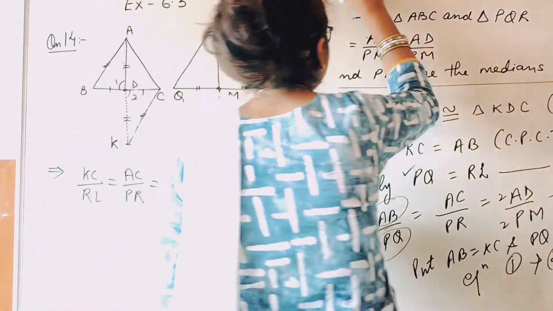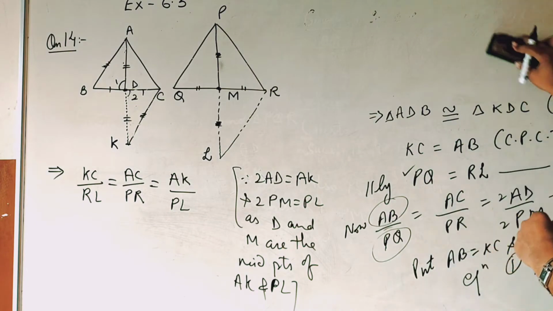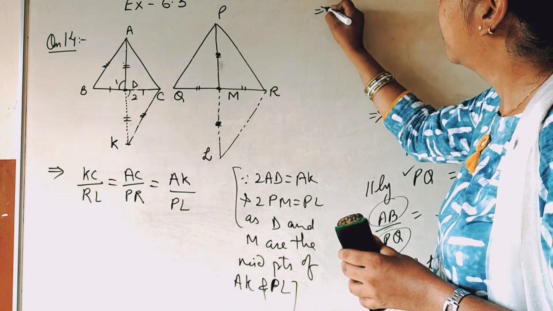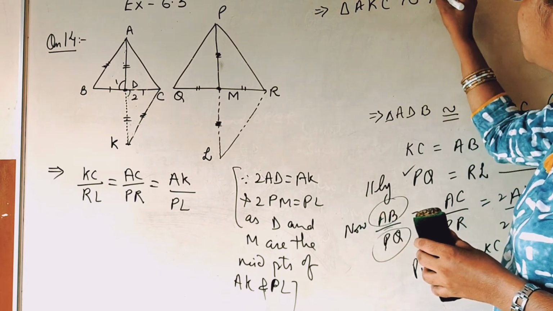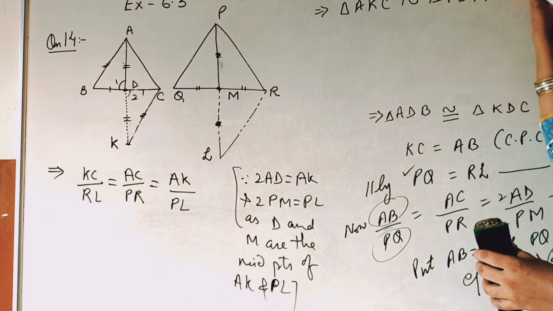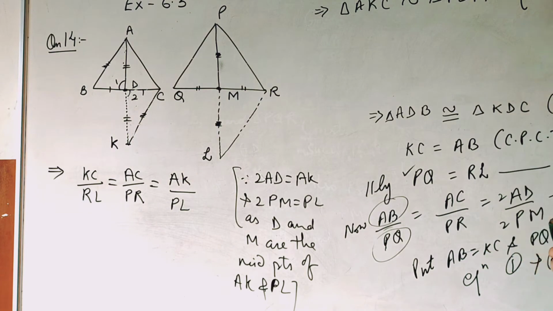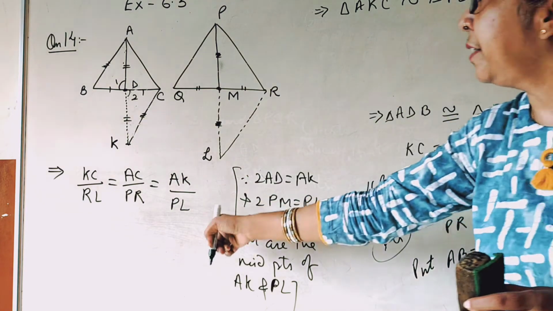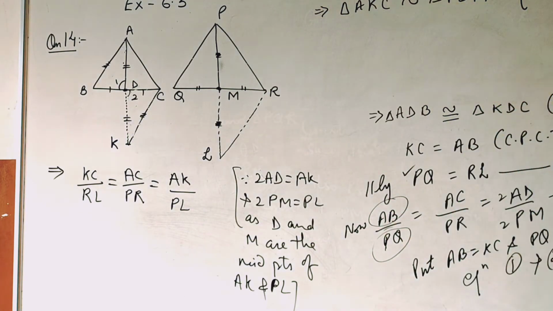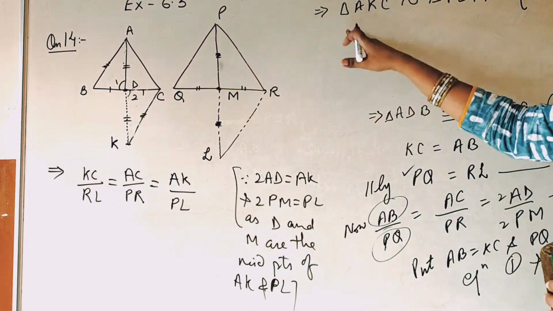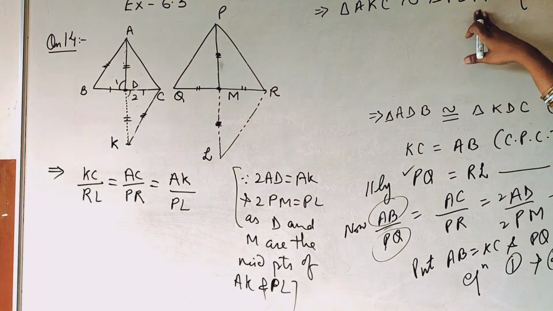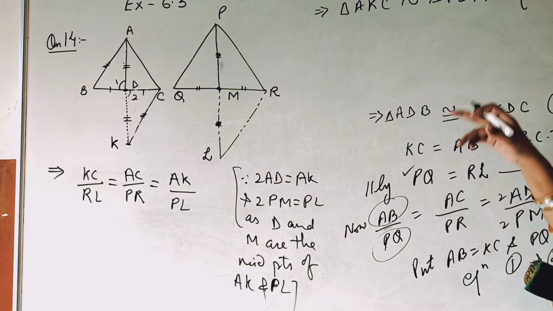So this implies triangle AKC is similar to triangle PLR, and this we have by SSS, and we get it from here. That's why I write here implies, because these three ratios are equal.